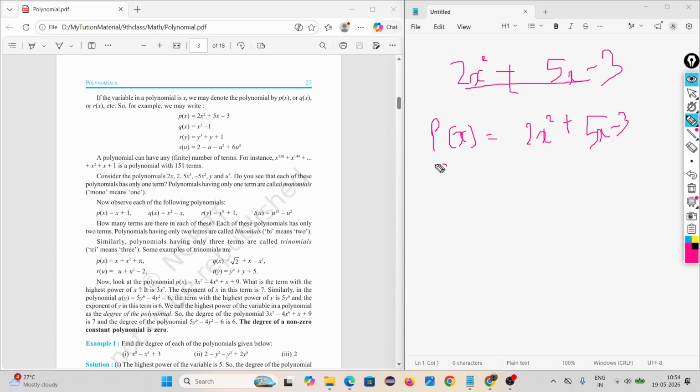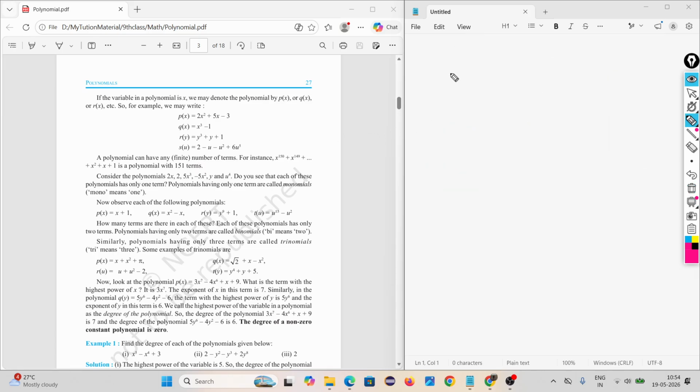Then q of x means we are writing another polynomial of x. A polynomial can have any number of terms. Remember, a polynomial can have any number of terms. Look, here how many terms are there? 4.